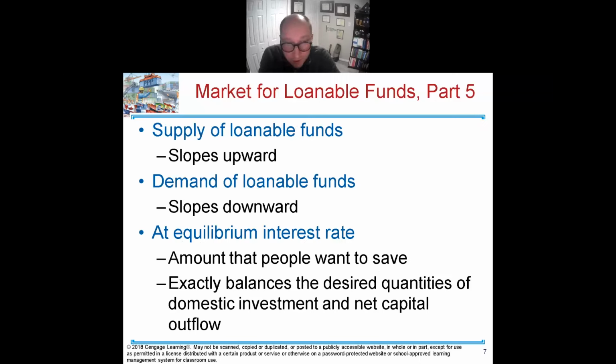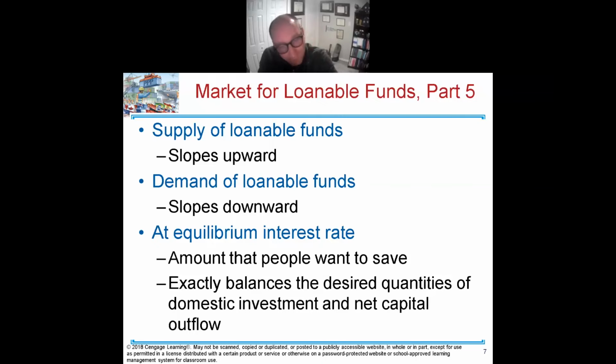Loanable funds, I want you to think of your typical supply and demand curve. As you know, supply is upward sloping and to the right. Demand is downward sloping and to the right. The same concept applies with loanable funds.